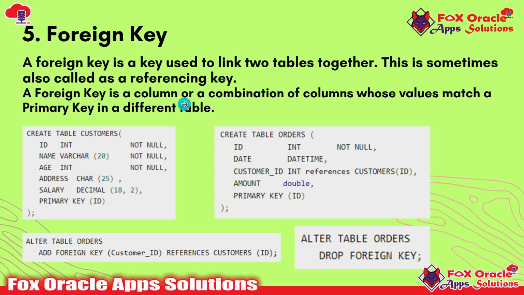A foreign key is a column or a combination of columns whose values match a primary key in a different table. It means that here you can see the order table has the customer ID as a reference to the customer table's ID. So this order table is linked with the customer table, through the column that links this customer ID with the ID column of the customer table.